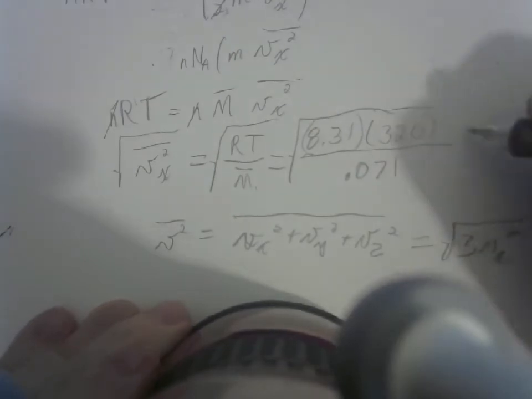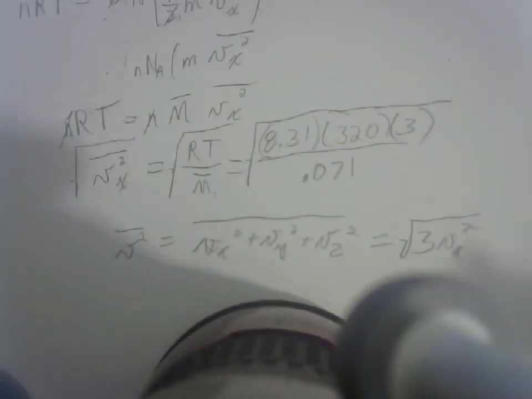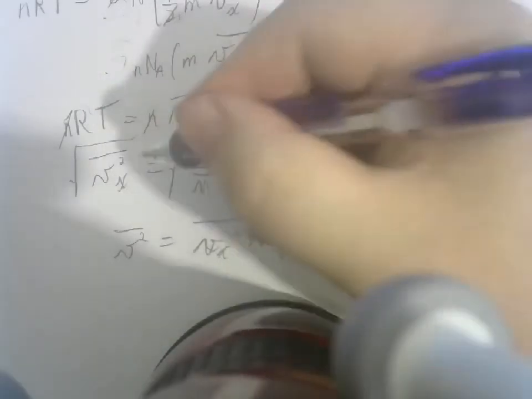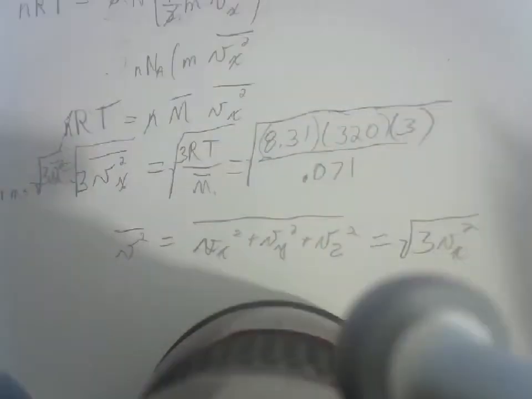So I just need to multiply this by the square root of 3, and I don't know if that's the best explanation, but we just need to put a 3 there. VRMS equals the square root of 3 v sub x squared equals all that stuff right there.